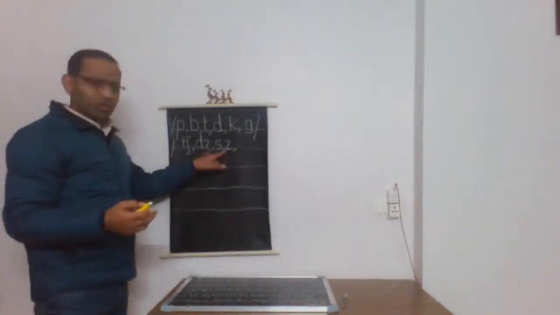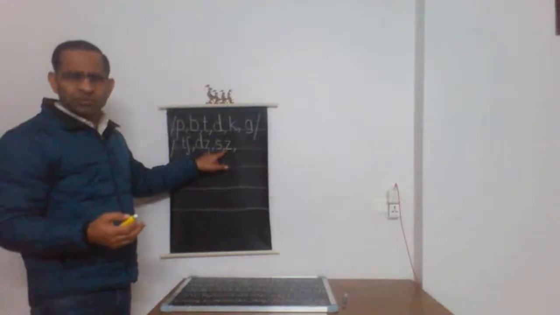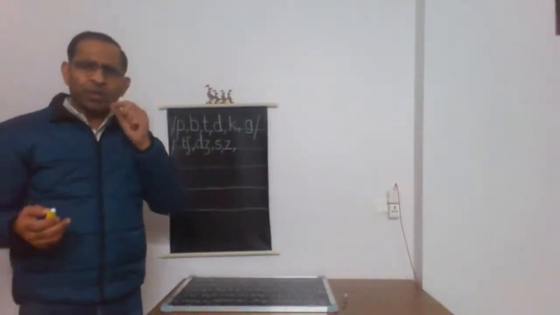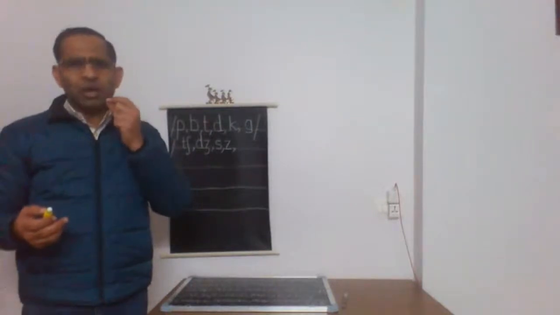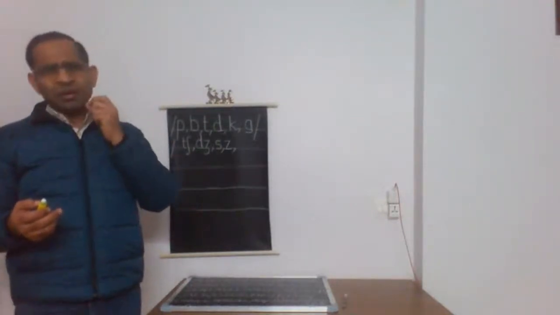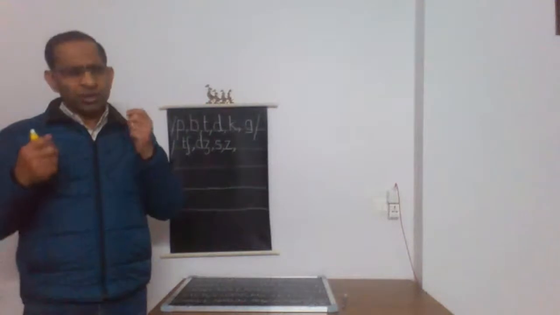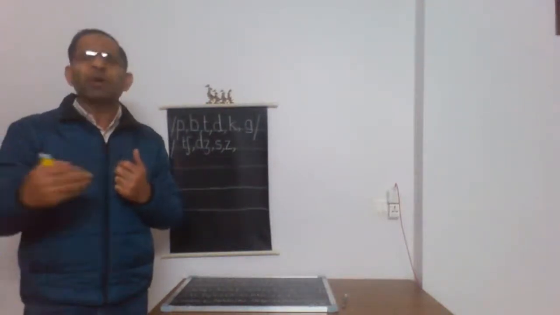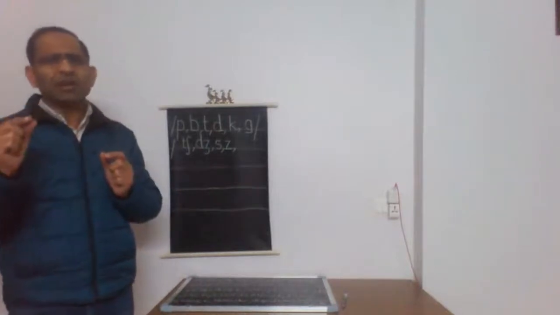It is not j, it is z, zoo. There is a narrowing between the tip of the tongue and teeth ridge, but there is no complete closure. The air keeps passing through that little narrowing.